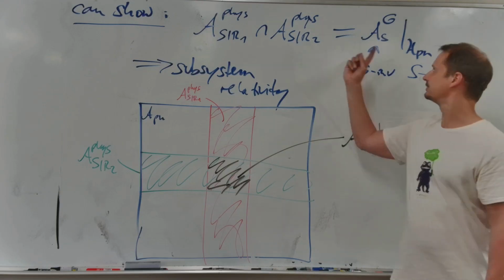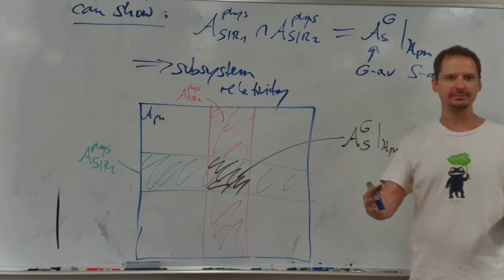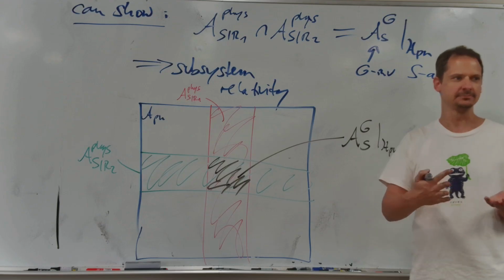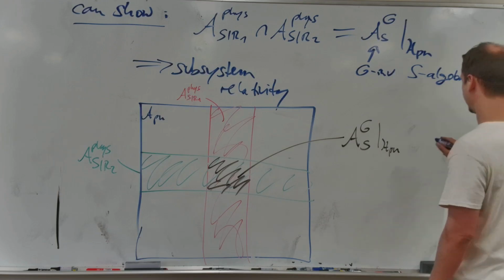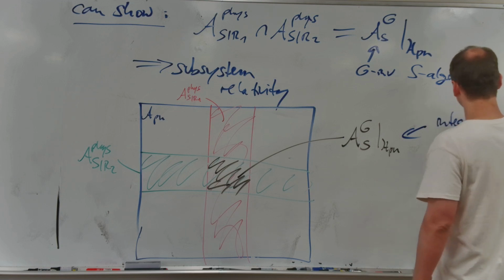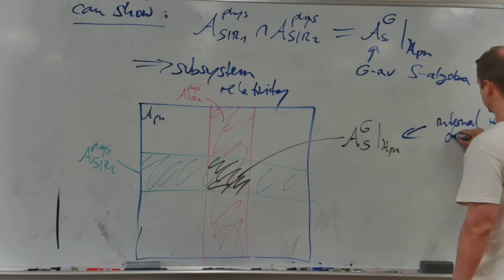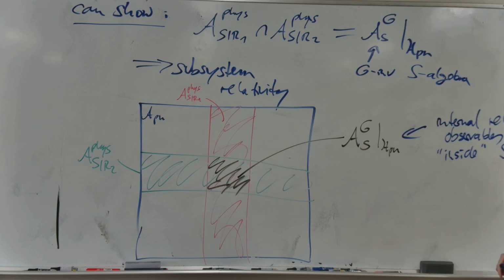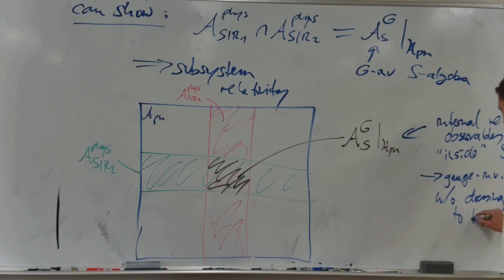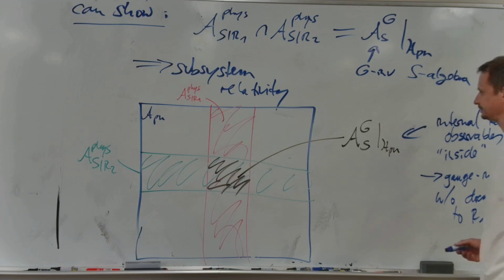So if the system is sufficiently complex, you can have another set of reference frames inside the system, and you're just addressing the system with respect to degrees of freedom on the inside. These are sort of internal relational observables of inside S. So gauge invariant without addressing to R1 or R2.